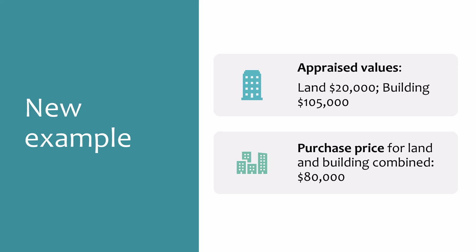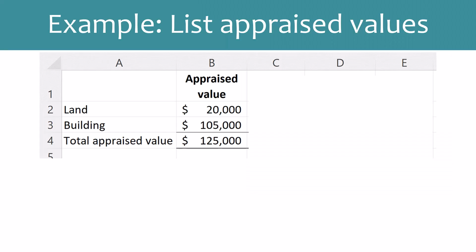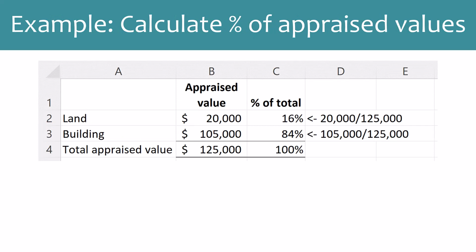So how is the buyer going to handle this? So the first thing we'll do is we'll list the land and the building, the appraised values, and add those two together. So we get $125,000 as the total appraised value. So next what we need to do is calculate what percentage of the appraised value land is and what percentage building is.